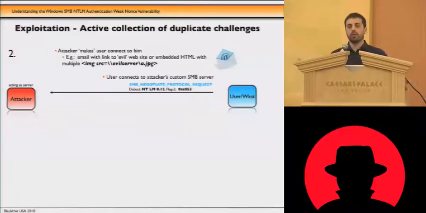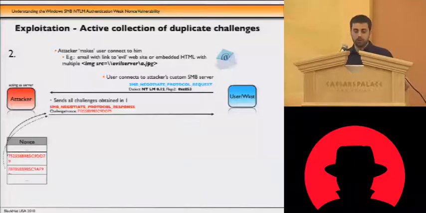So you send an email with all these image tags, and when the user receives this email or goes to a web page somewhere on the internet, if they are using Internet Explorer, for example, that will cause the workstation to start performing authentication attempts against the attacker. At that point, what the attacker wants to do is get the responses for the nonces that he has.